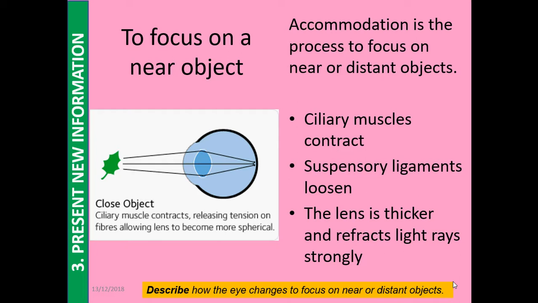Okay, we've got all of our C's here, so close, ciliary, contract. Hopefully that's going to help you with how we see close objects, because the ciliary muscles are contracting, the suspensory ligaments loosen, and that's because it's gone fatter, more like a C shape really, isn't it? The actual lens has become more curved like a C shape, so hopefully that's going to help you. Thicker lens refracts the light more strongly, okay? So that's how we see the close objects.